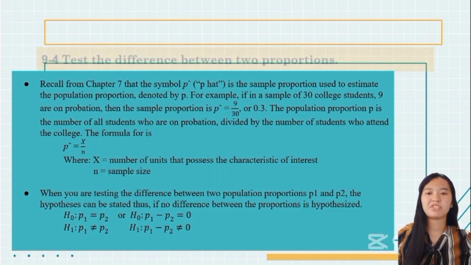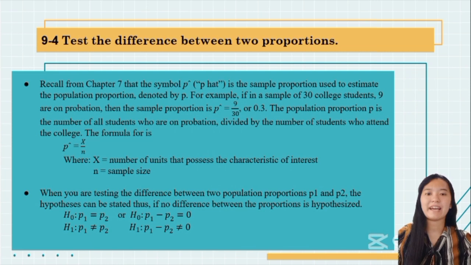Recall from chapter 7 that the symbol p hat is the sample proportion used to estimate the population proportion, denoted by p. For example, if in a sample of 30 college students, 9 are on probation, then the sample proportion is p hat equals 9 over 30, or 0.3.